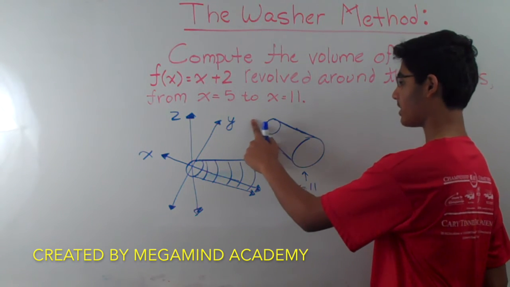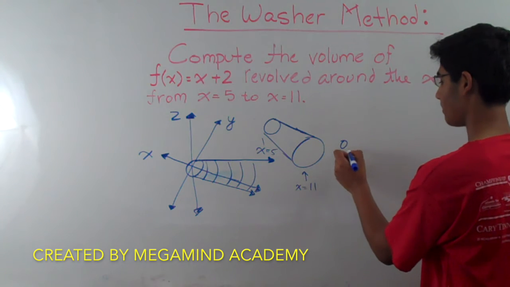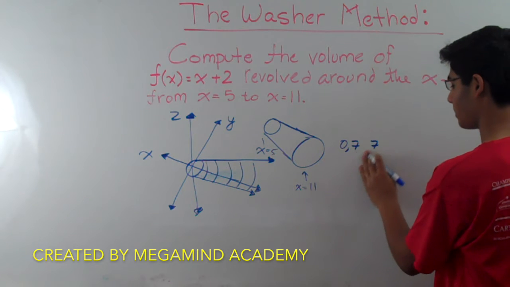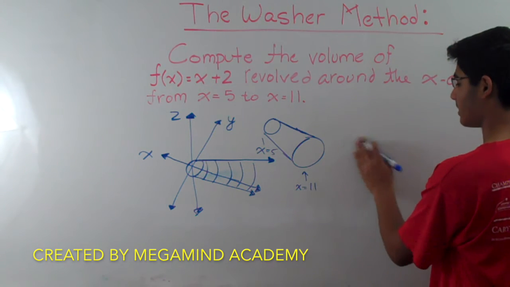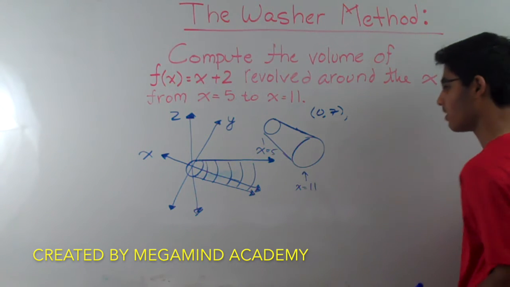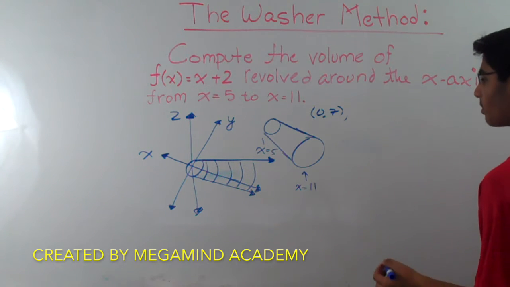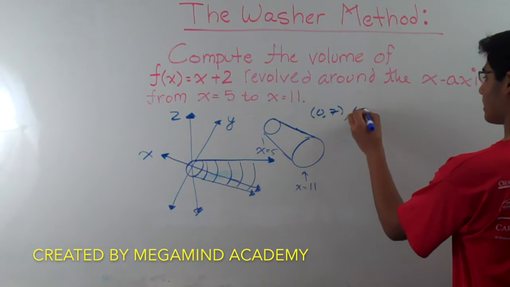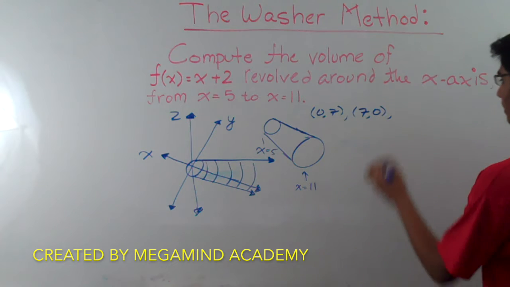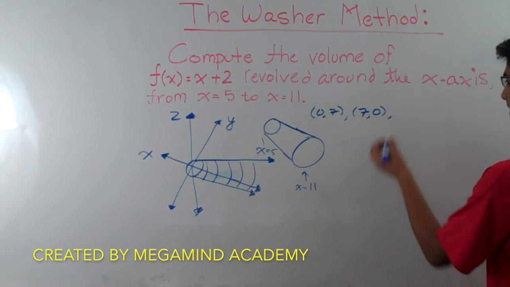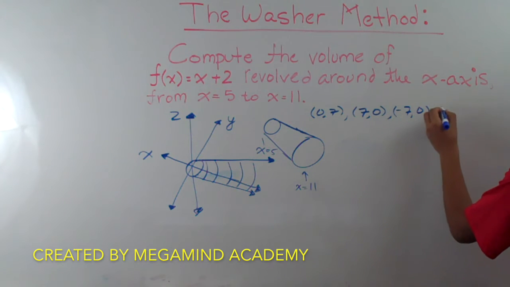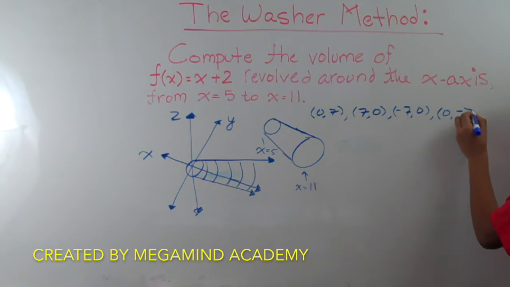When we revolve it, we will get the points 0, 7, and then when we revolve it clockwise, we would get to the point 7, 0, then something like this, negative 7, 0, and 0, negative 7, or something like this.